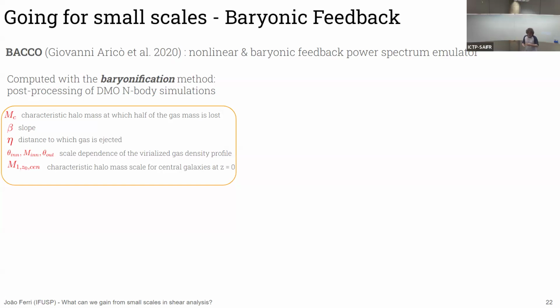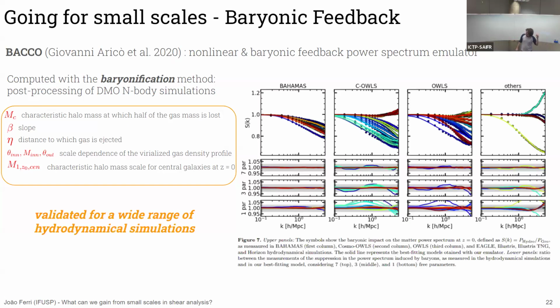So they make lots and lots of these simulations with this baryonification method, and they compute the power spectrum, and then they emulate this for many values of these parameters here. And the nice thing that made us want to use this is that it's validated across a wide range of hydrodynamical simulations, not only two.